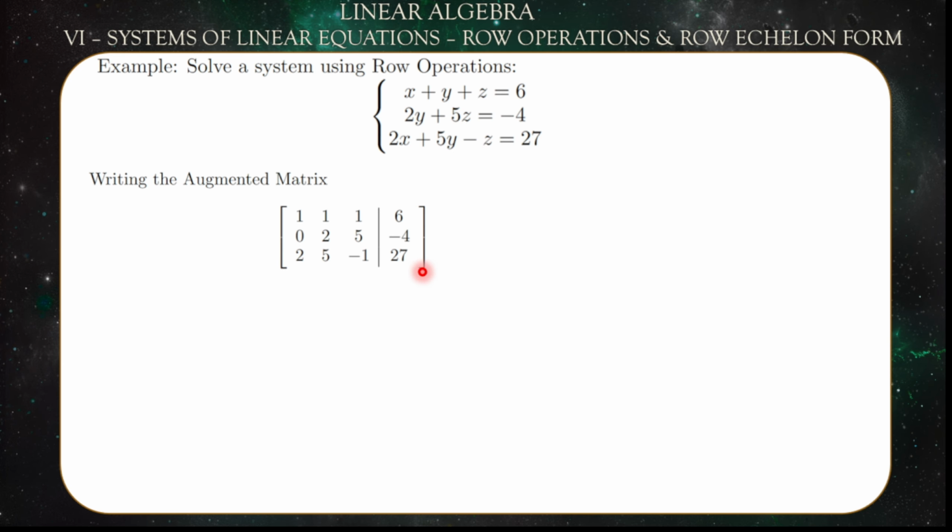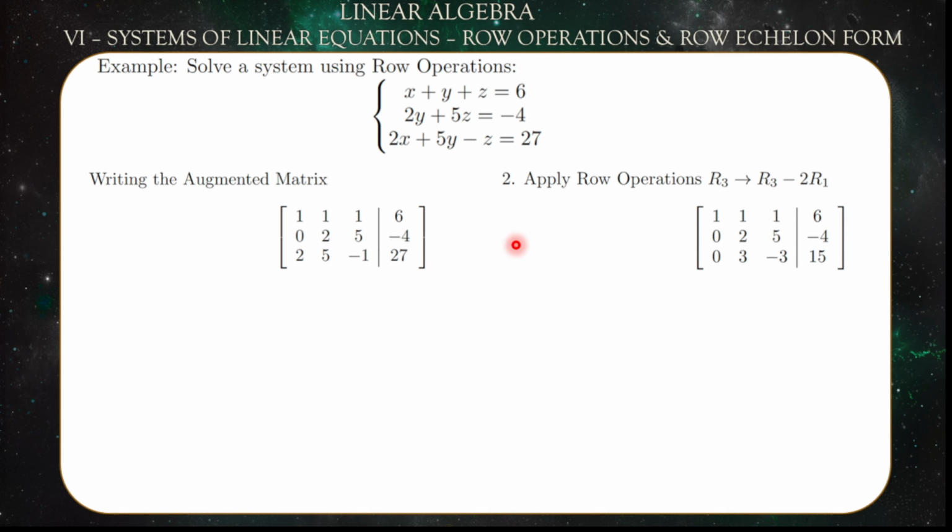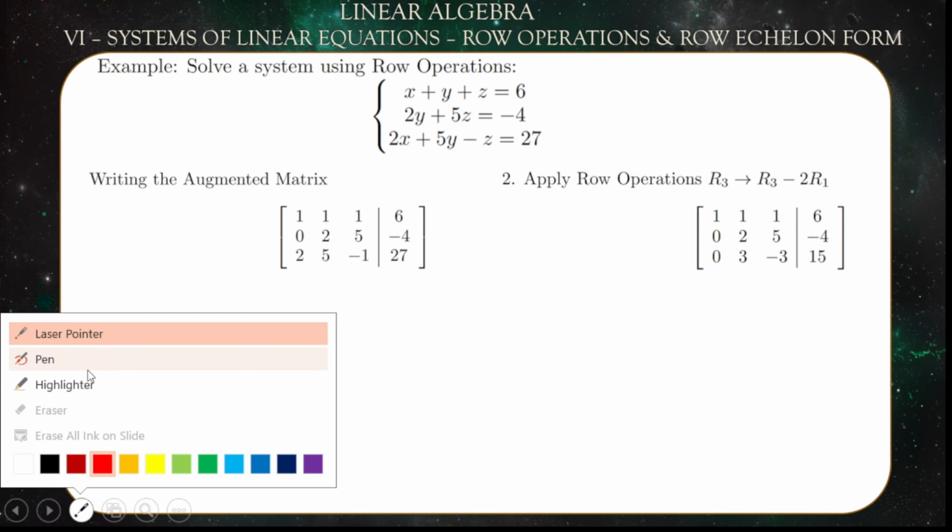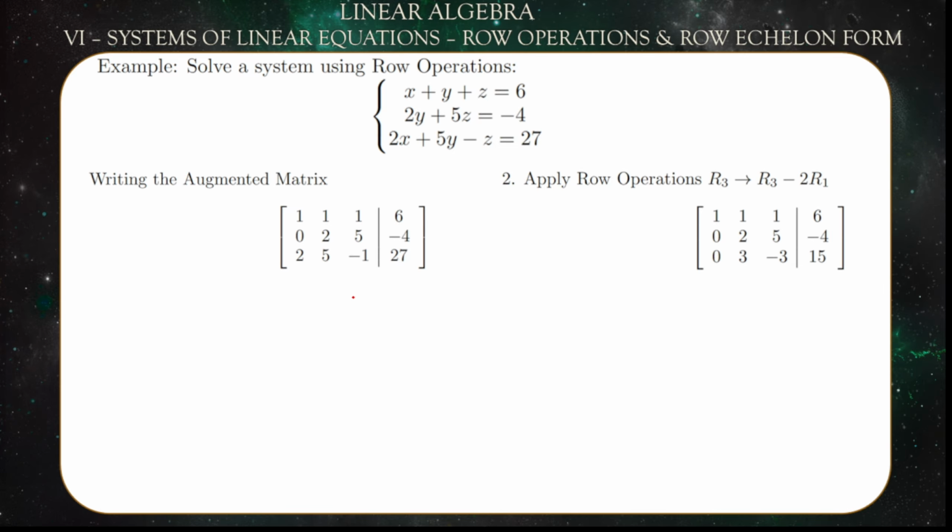Now, first operation, we need to get rid of this 2 here. So R3 is equal to R3 minus 2 R1. Let us check it out.